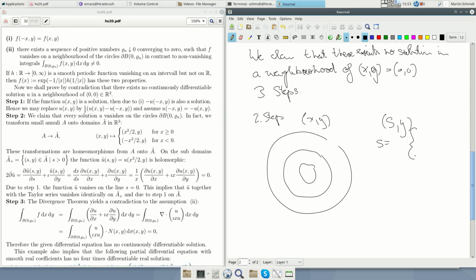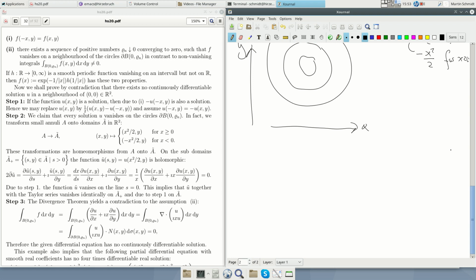This is x squared over 2 for x larger than 0 and minus x squared over 2 for x smaller than 0. Now if we draw in these coordinates the circles, here are the x coordinates and here the y coordinates.